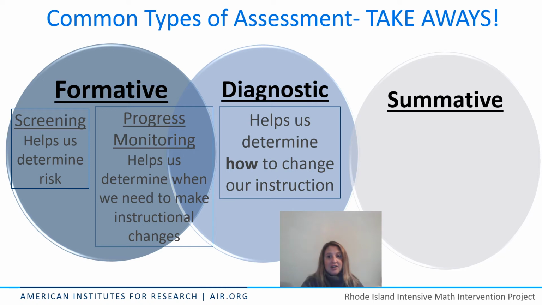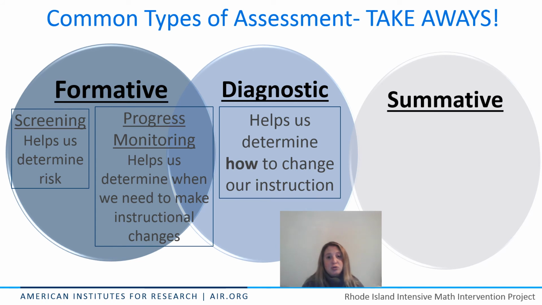When using diagnostic assessments to determine how to change the instruction to support groups of students, first start with informal formative assessments. Progress monitor to determine responsiveness, and then use formal diagnostics on individual students that are consistently non-responsive.